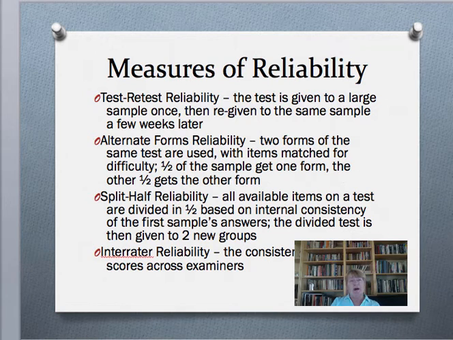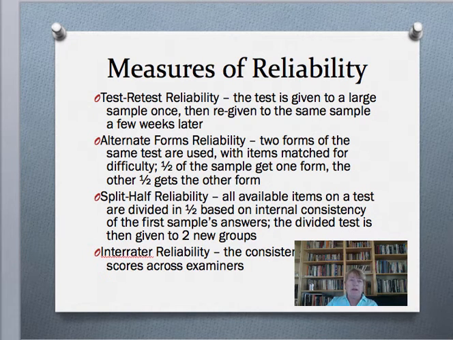So test retest uses the same test. Alternate forms and split half reliability use different forms of a test, whether it's forms that have been developed one way to create forms that are usable for the test, or whether we take one test and just simply split it in half.